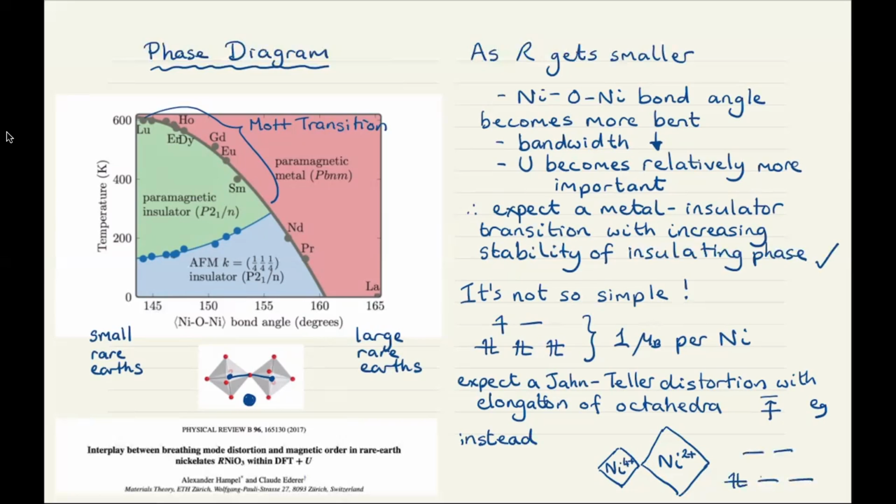The occupancy of the orbitals is such that the nickel 2+ has both its eg orbitals filled, and the nickel 4+ has both of its orbitals empty. So this is a charge disproportionation transition that accompanies the metal to insulator transition.